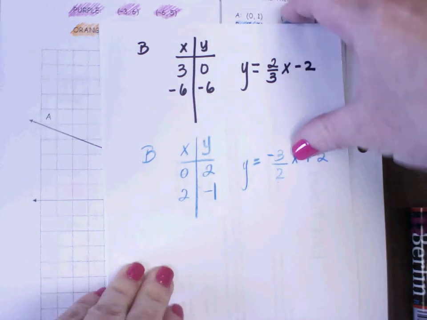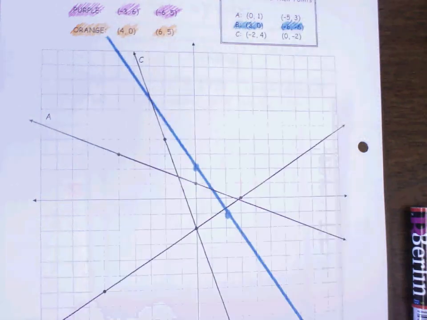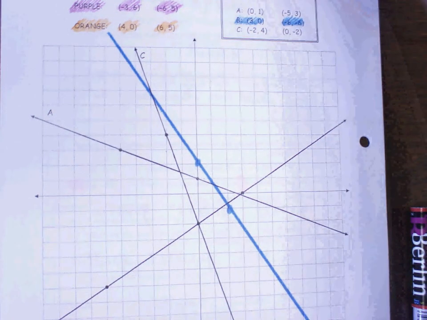Okay? So let's go ahead and do the next one, which would be purple, and see if we have the same findings.